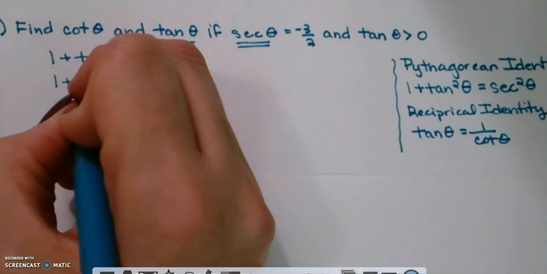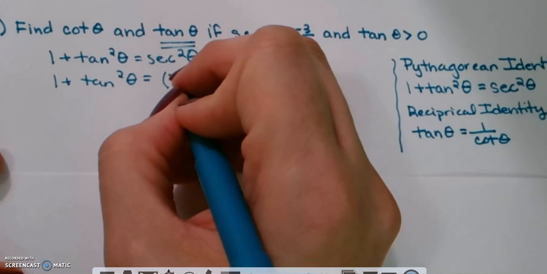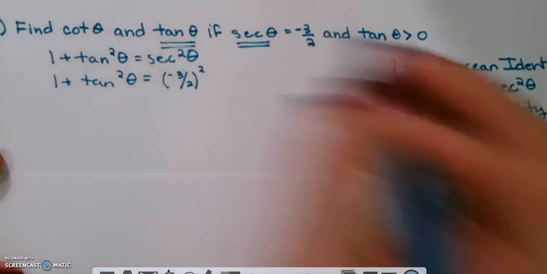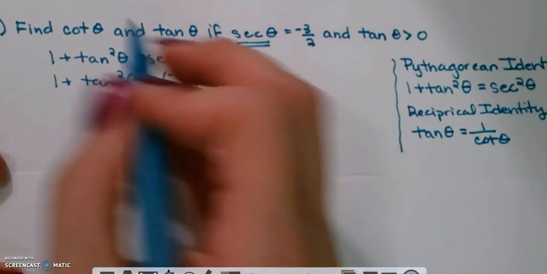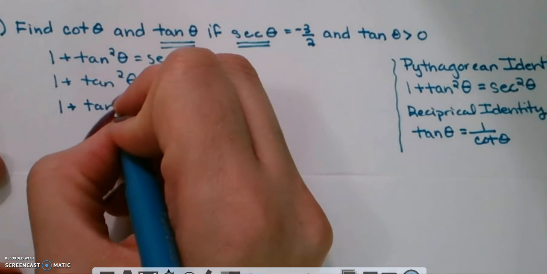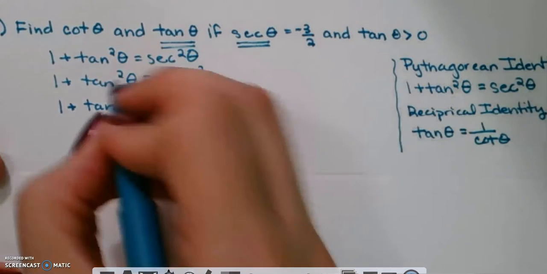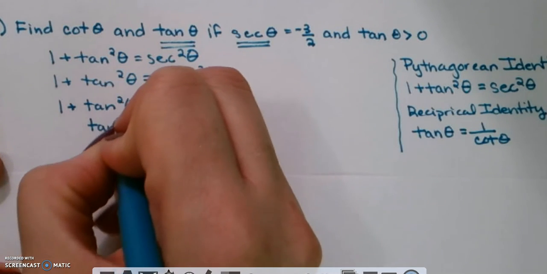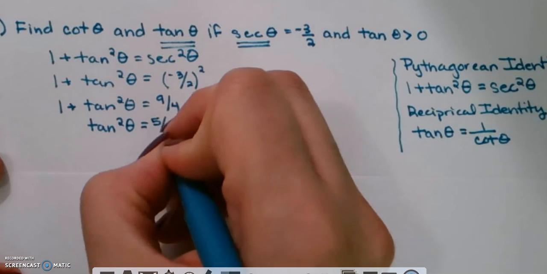So 1 plus tangent squared theta is equal to negative 3/2 quantity squared. Okay? Square this value, and let's solve this algebraically for your tangent. That's 9/4. Tangent squared theta is equal to 5/4.